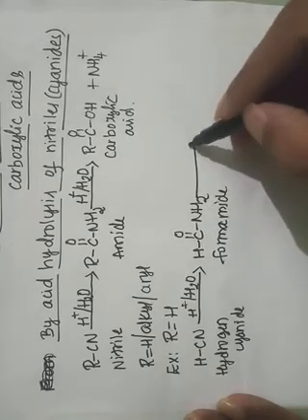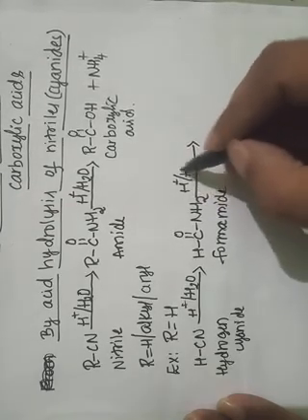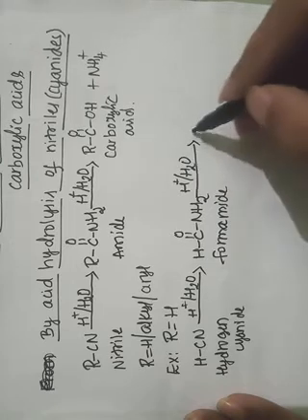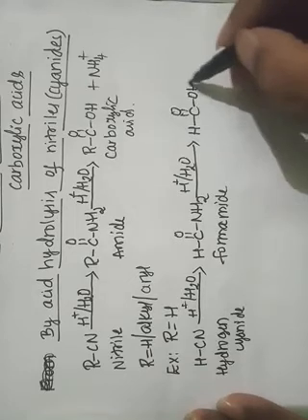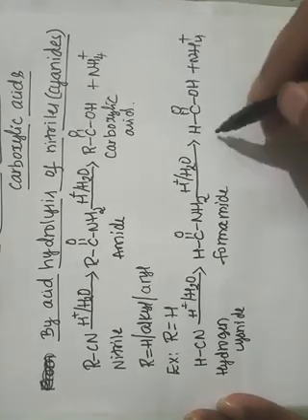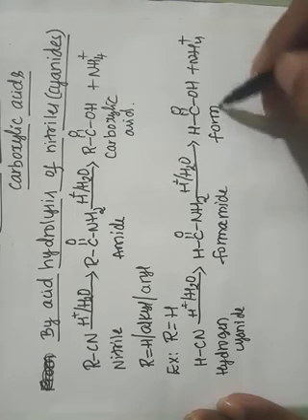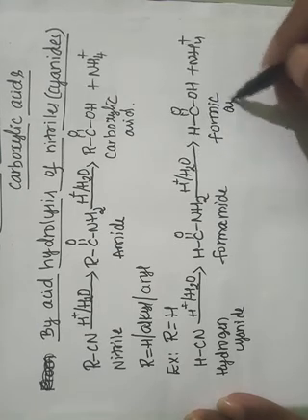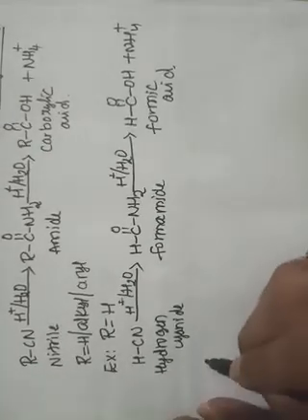Further, this formamide upon acid hydrolysis will form formic acid. So this is HCOOH, that is formic acid. Okay, so let us consider one more example.